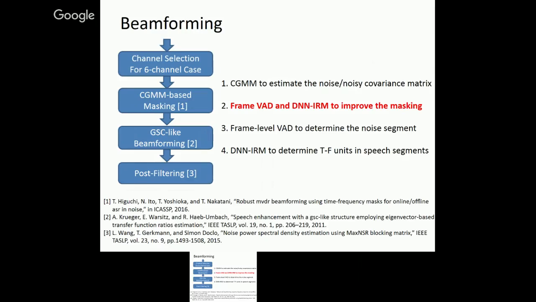And this information can be applied to calculate the masking. You can consider that these two pieces of information improve the masking performance. Frame level VAD determines the noise segment, and the IM determines the speech segment, because the TF units have high resolution.